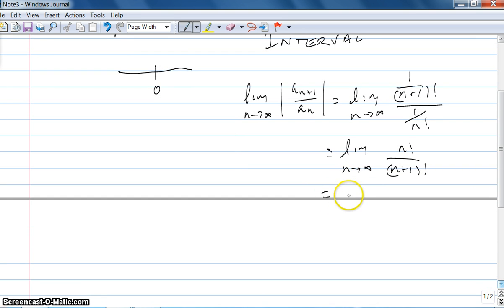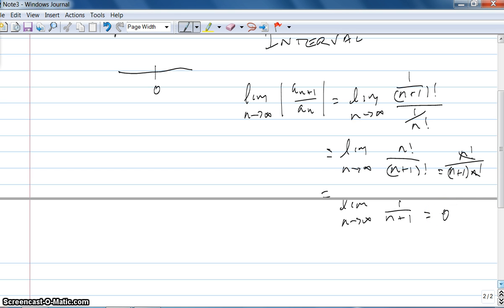The n plus 1 factorial is n plus 1 times n factorial, so the n factorials cancel, and you just get 1 over n plus 1.